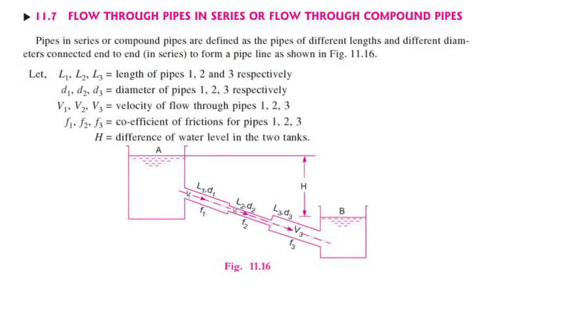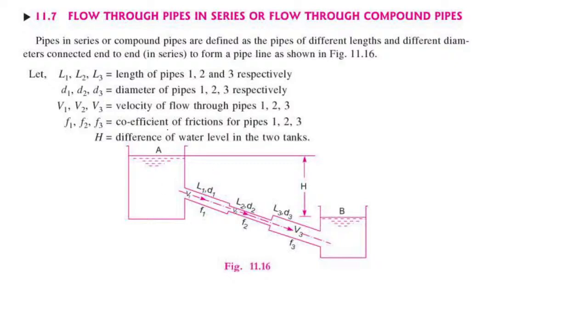Now here, in this particular problem, first thing is, what if there are two tanks here, tank A and tank B. Water is filled in both the tanks, and both the tanks are connected with different types of pipe.